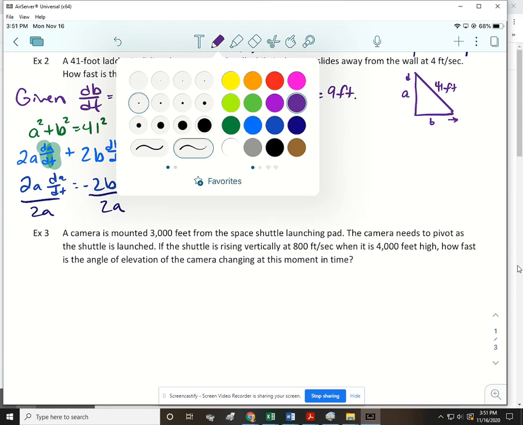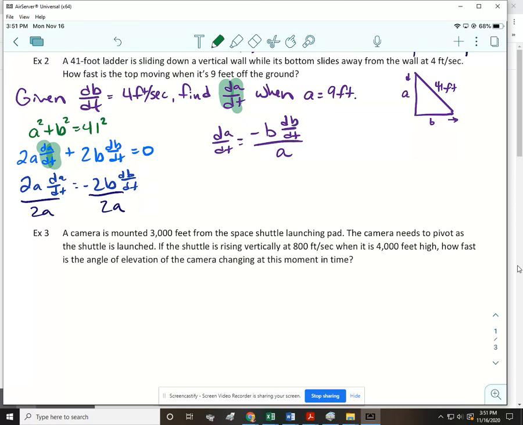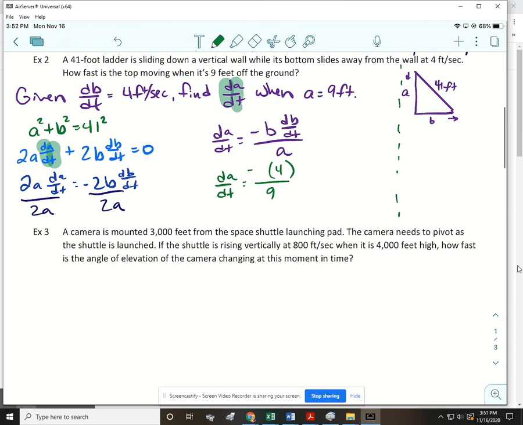All right, I'm ready to start plugging in. I know what A is, A is 9. I know what dB/dt is, that is 4. What I don't know is what b is, but I can figure it out. That moment when A is 9, sometimes I like to call the magic moment. That's when we're trying to figure out what's happening.